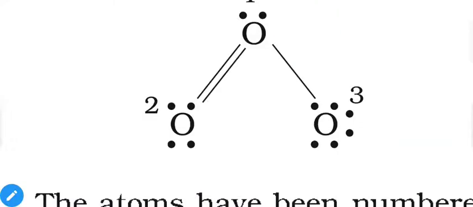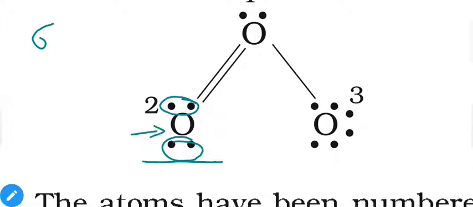Now we can calculate for the second oxygen using the same method. The total number of valence electrons in the free state is the same, 6, because we are talking about oxygen. Now let us find the total number of electrons in the molecular state. As you can see, we have 2 lone pairs, so all of these 4 electrons belong to our oxygen. So 4 electrons as a lone pair plus, now let us find the shared electrons. As you can see, we have a double bond.